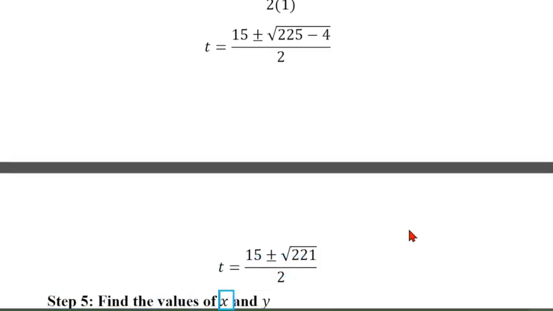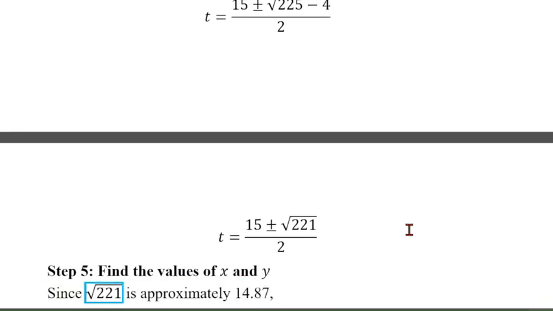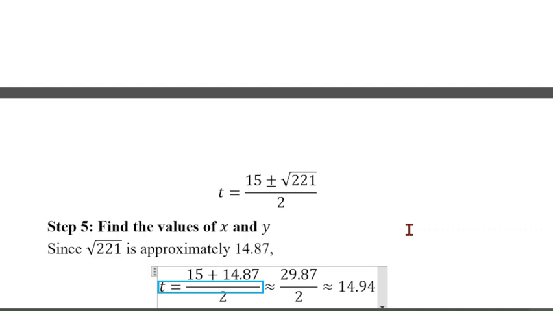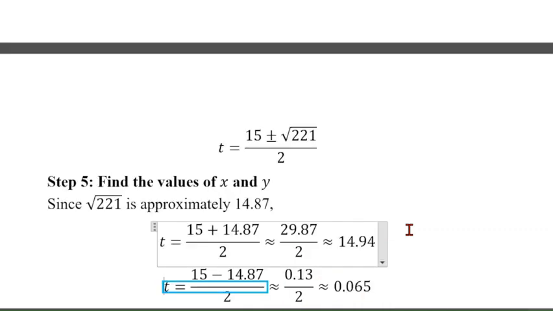Step 5. Find the values of x and y. Since the square root of 221 is approximately 14.87, we get (15 plus 14.87) over 2, approximately 29.87 over 2, approximately 14.94, and (15 minus 14.87) over 2, approximately 0.13 over 2, approximately 0.065.